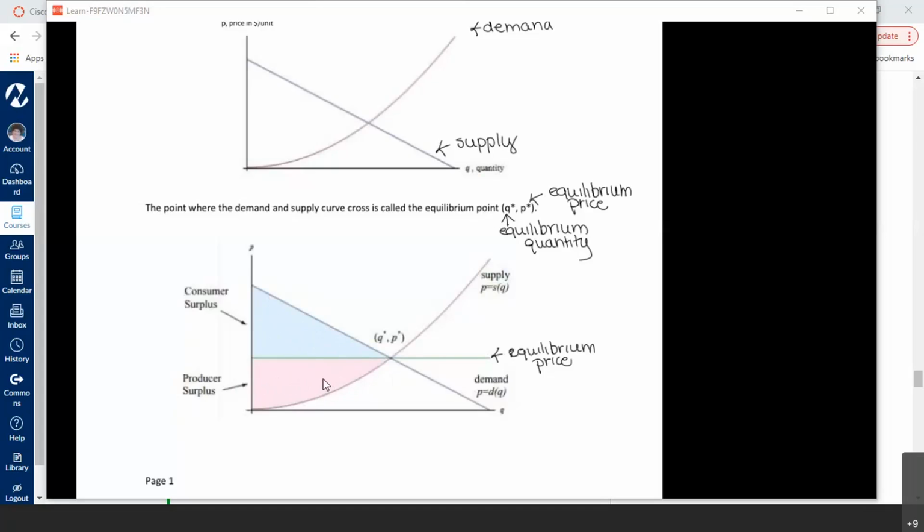Likewise, over here, this pink area below the equilibrium price is the amount the producer would have been willing to sell at below the equilibrium price. So this is a savings to the producer. You can think of it as money in the pocket of the consumer and the producer, because they sold at equilibrium price. Is everybody okay with the idea of the surplus?